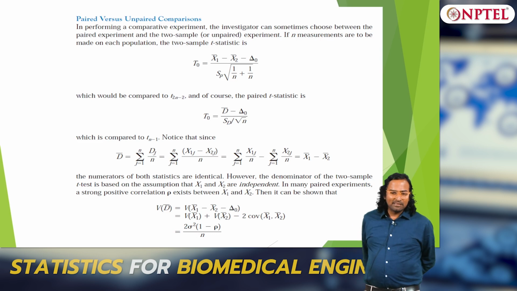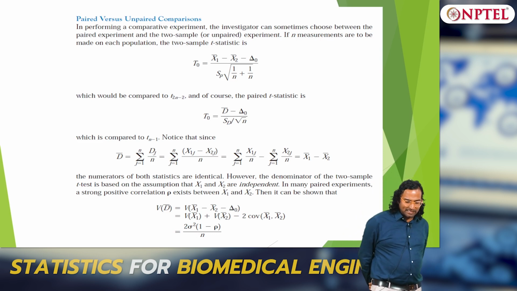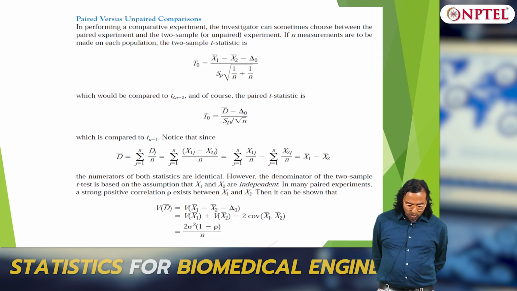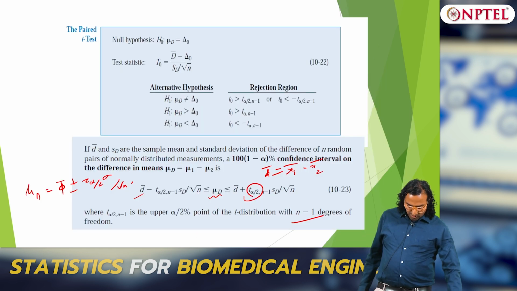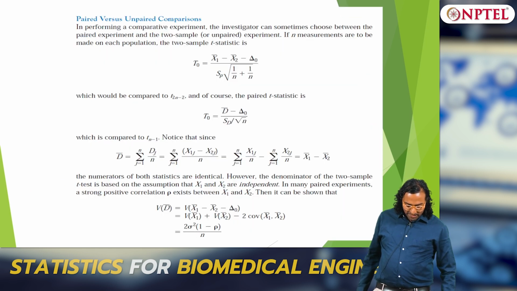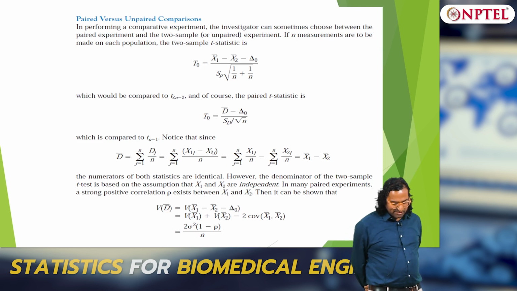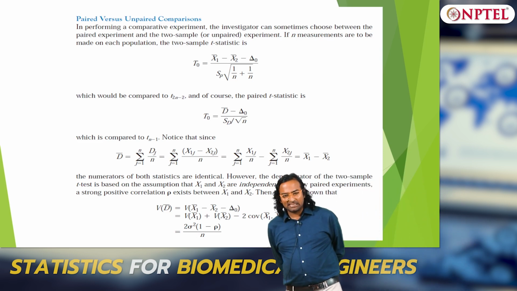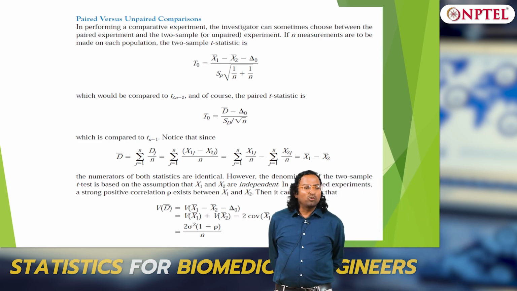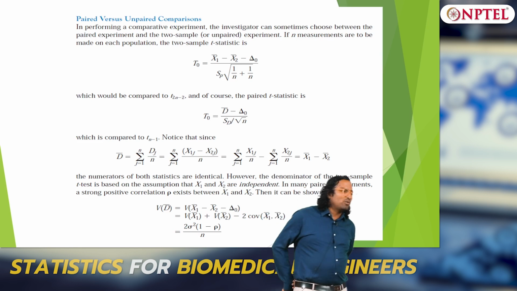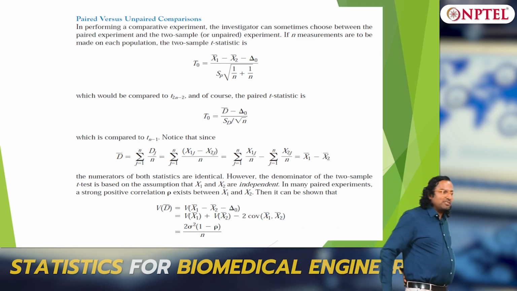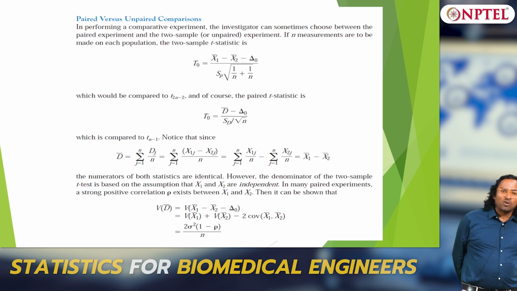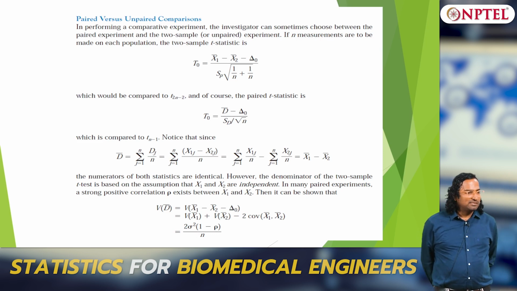Okay. But when to do a paired t-test then? When should I do a paired t-test? So I have given you n minus 1 degrees of freedom. So the degrees of freedom is different, and when should I do a paired t-test then? When underlying conditions affect the outcome of an experiment, then you have to do the experiments under the same conditions for both the kinds of equipment you want to test.